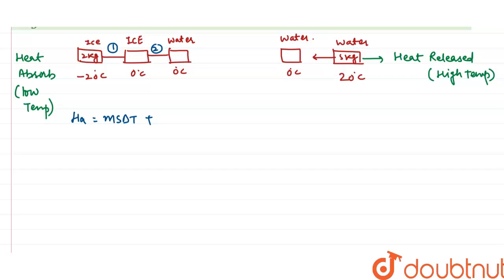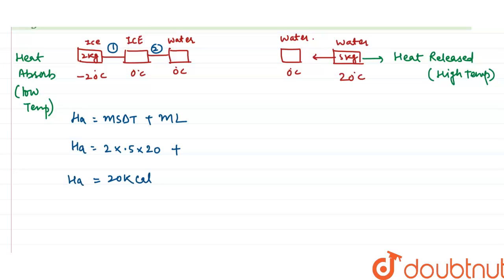The ice, that is a solid, is converted into liquid, that means latent heat of fusion, so it can be written as m L. Now simplifying this, the value of m is 2, into specific heat of ice which is 0.5, and the temperature difference is minus 20 to 0, so the temperature difference is 20.